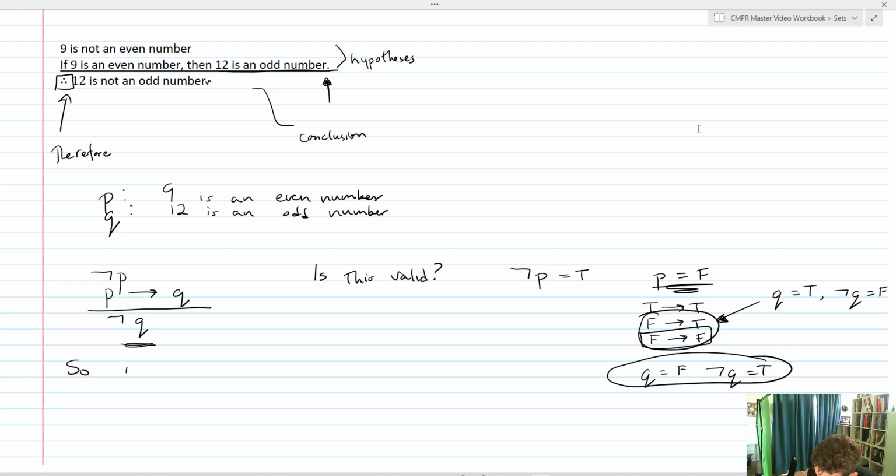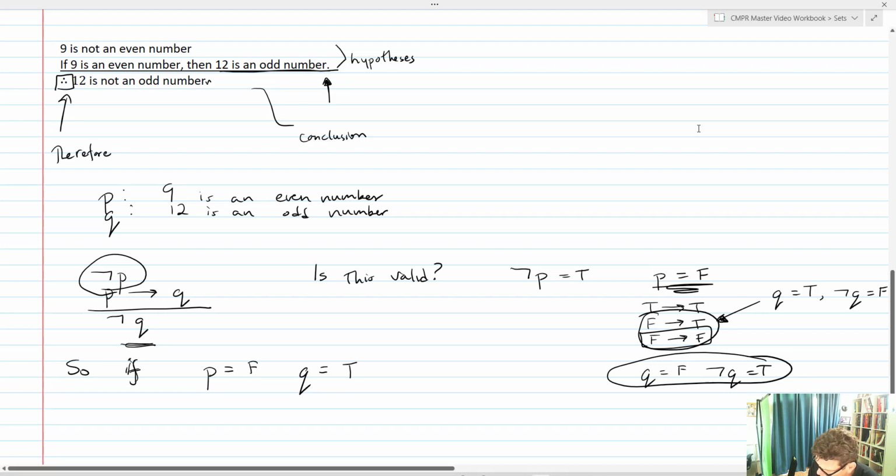So if P equals false, which we know is the case because we got not P, and Q equals true, then what do we have?